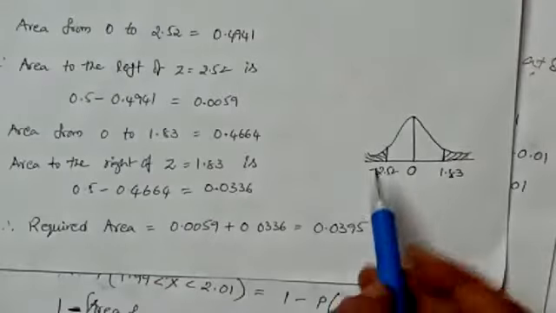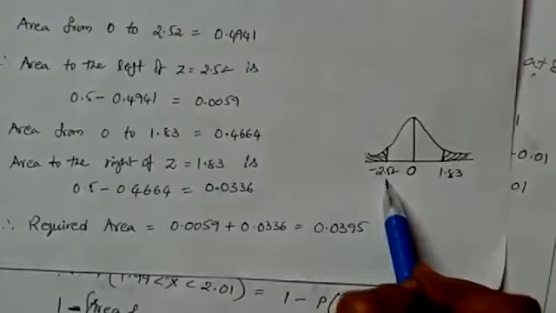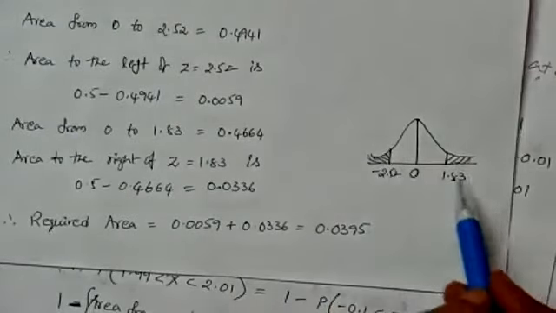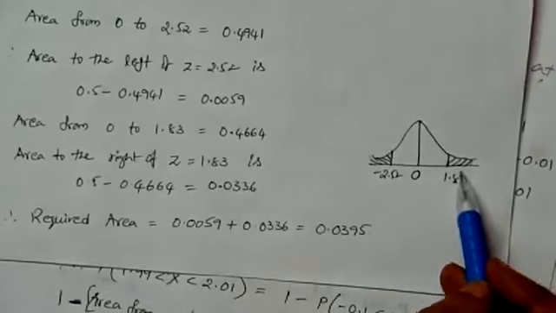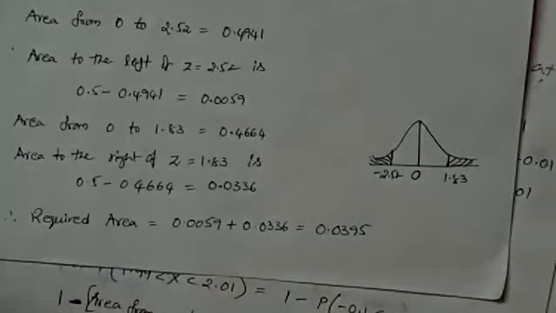To the left of minus 2.52 is this shaded part, to the right of 1.83 is this shaded part. So what should be taken now?